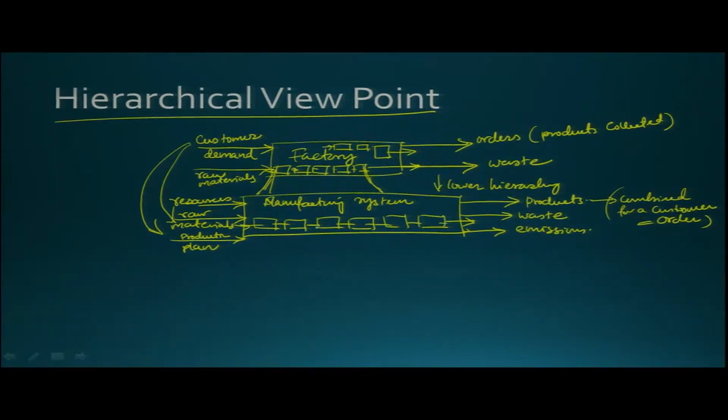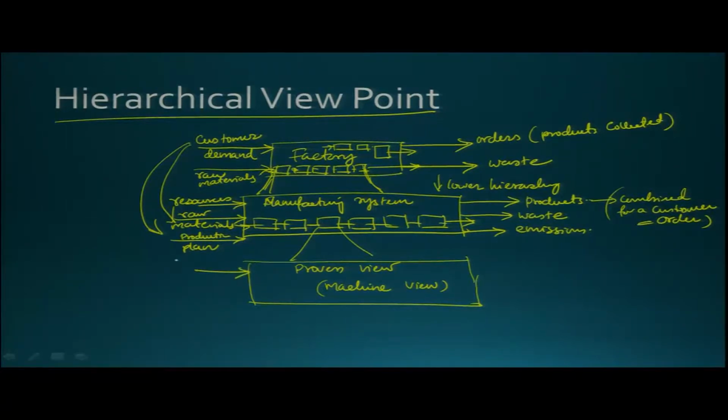Then if you take one of these, you look at it further. This is what we call the process view or the process level of the system, where you are looking at a particular machine view. You are looking at the machine that is creating a part. Here you again have resources. Resources could include electricity, water, heating, cooling, lighting, those kinds of things.